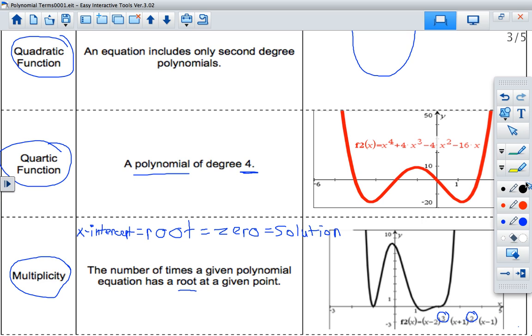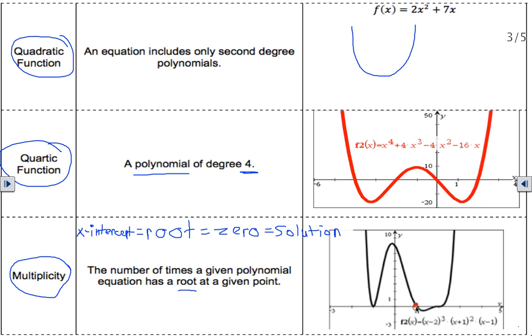Well, the cool thing about having these factors is if I set each of these factors equal to 0 and solve for x, I will know where my x-intercepts are. According to this one, x minus 1 equals 0. Solve for x, then you have one x-intercept at positive 1, which is right here.